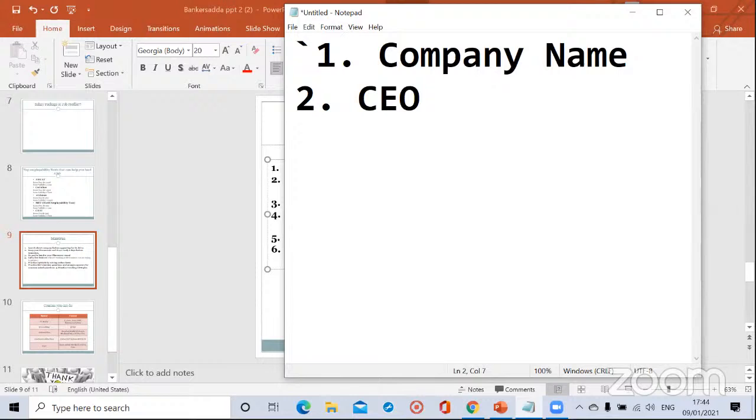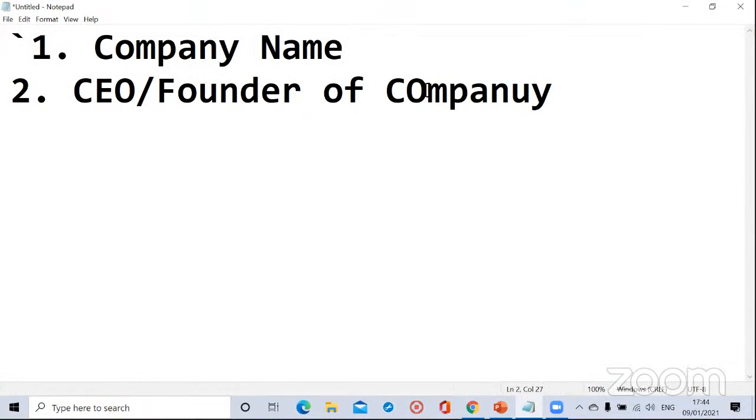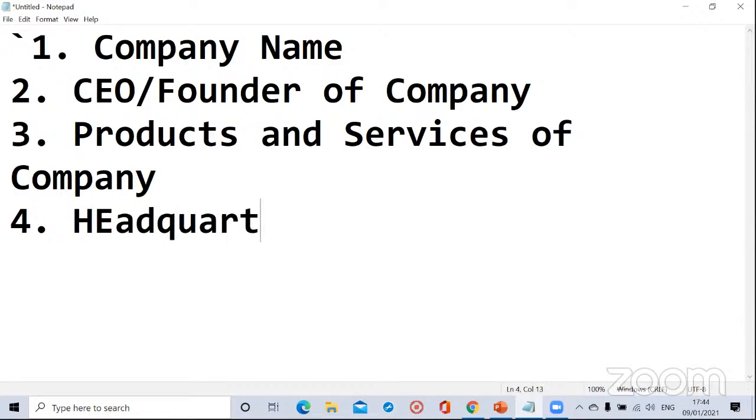Second is the CEO or founder of the company, that you also should know. Third is mainly the products and services of the company, that you should also know. Fourth is their headquarter location, that you also should know.